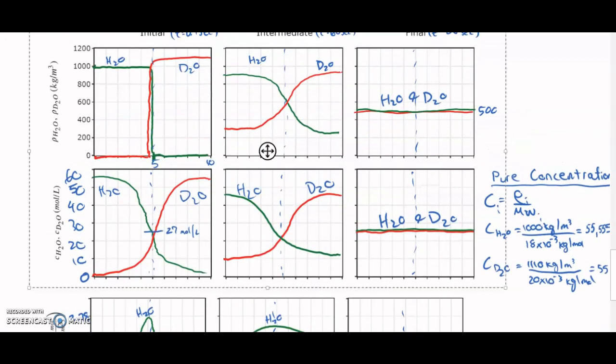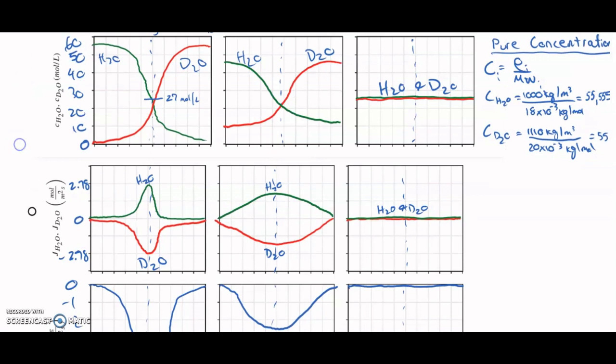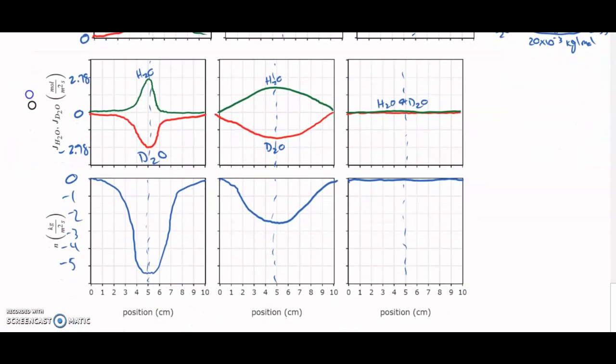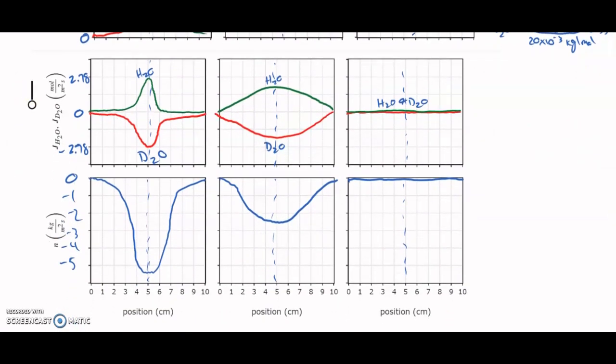Alright, and the third set of profiles is comparing the molar diffusion flux for H2O and D2O over the change in position through the capillary. So we knew right off the bat that the max molar diffusion flux was 2.78.